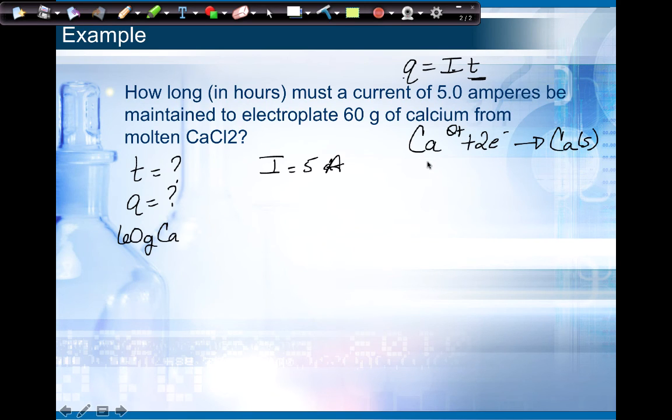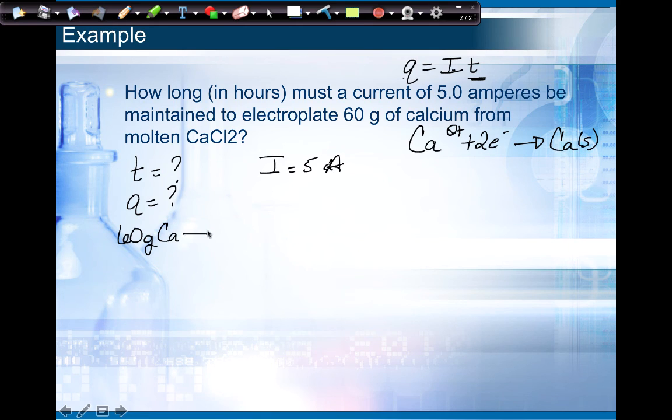All right, so the reason I care about that is because I need to go from my 60 grams of calcium and figure out how many moles of electrons were transferred. So I'm going to convert between calcium and moles of electrons, and then that'll give me my Faradays, which I can convert into coulombs, which I need for this equation right here.